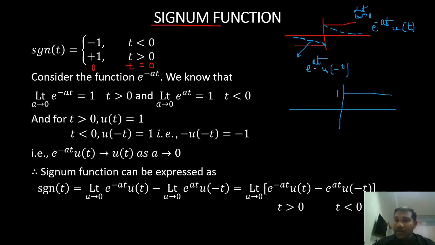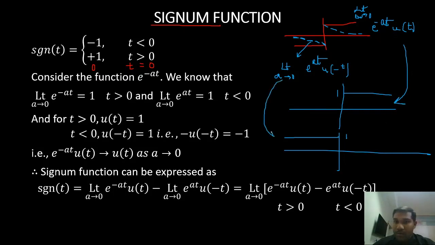And here, if I make a 0, I have u of minus t. So that will be something like this, u of minus t. This is my signal here, and this one is shown here. Now if I subtract these two signals, the first signal minus the second signal, what will I get?